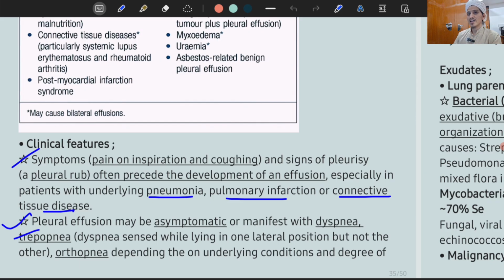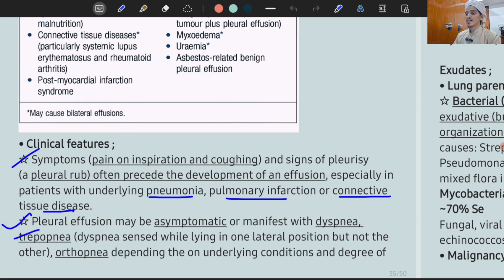So the patient will say, whenever I am lying on the normal chest, I am having breathlessness, and whenever I am lying on the abnormal chest, I am not having breathlessness. So the patient doesn't know which lung is involved, but he will say, whenever I am lying down on one of the sides, I am having dyspnea.